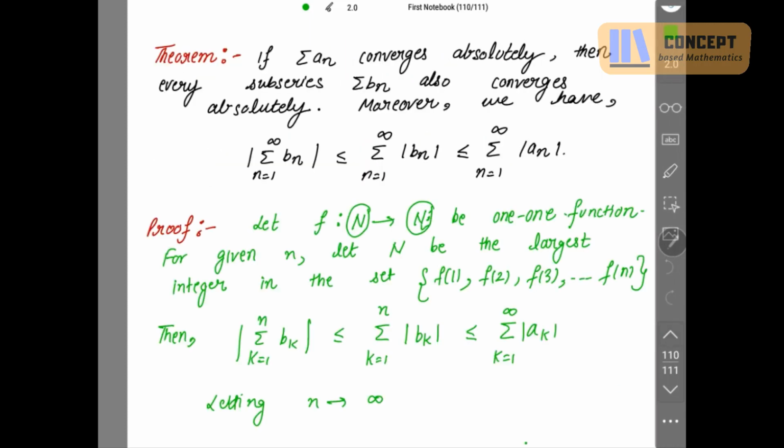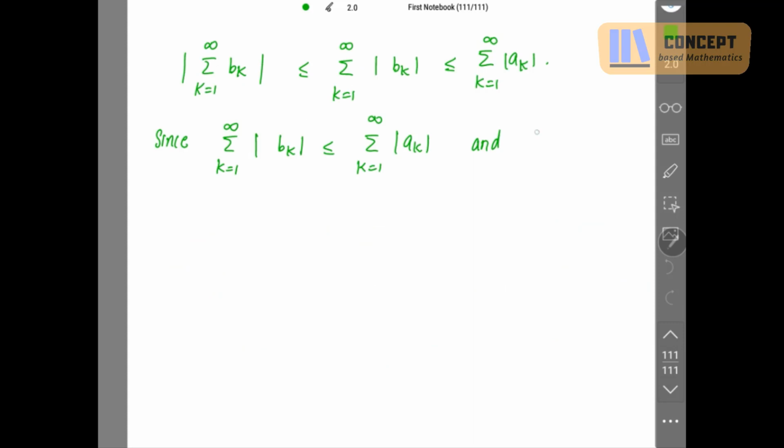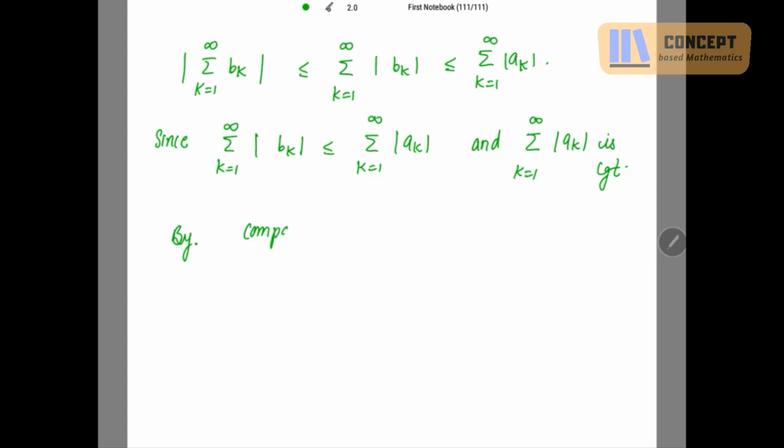See, summation an converges absolutely. So k going from 1 to infinity, mod ak is convergent. Therefore, by the comparison test, summation mod bk also converges.